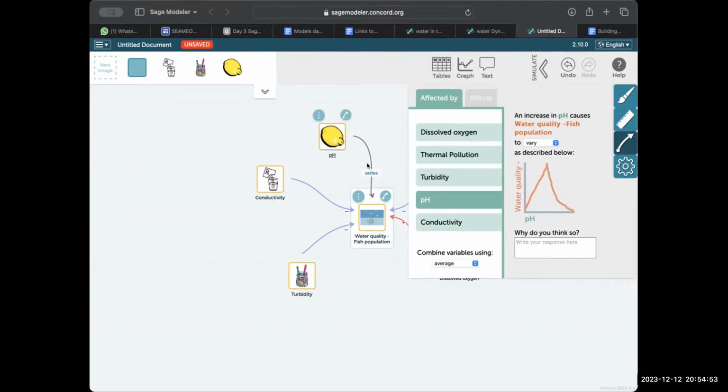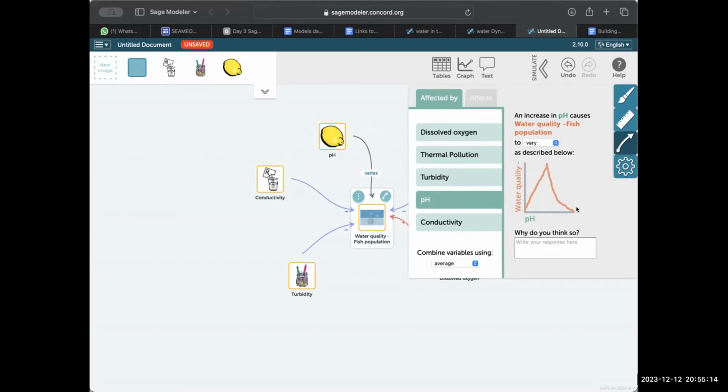So as we know, the pH differs in different water, and there are acidic, neutral, and basic pH. So we kind of show it varies. We drew this graph, right?